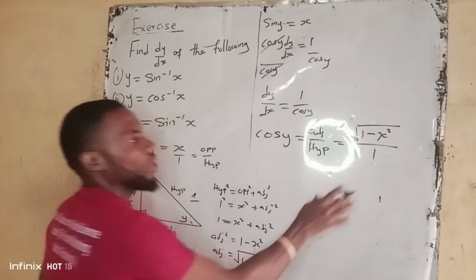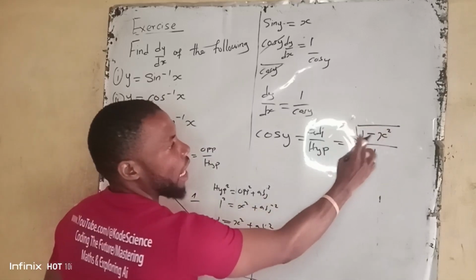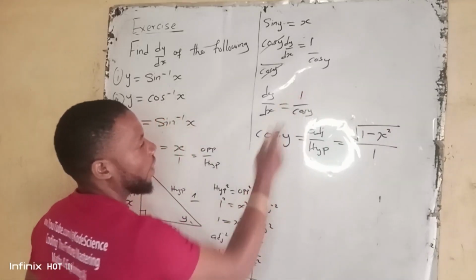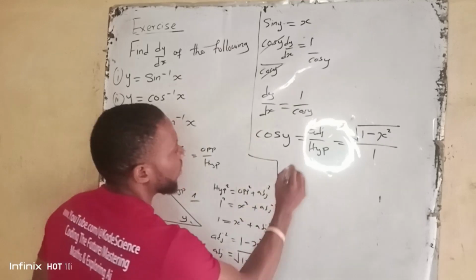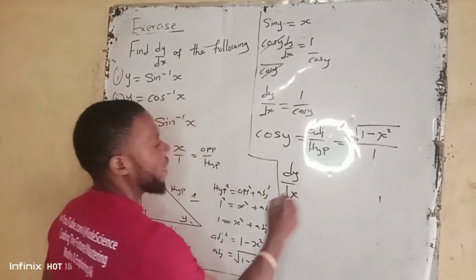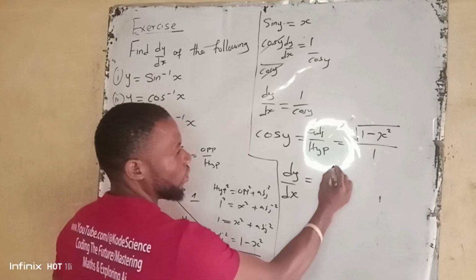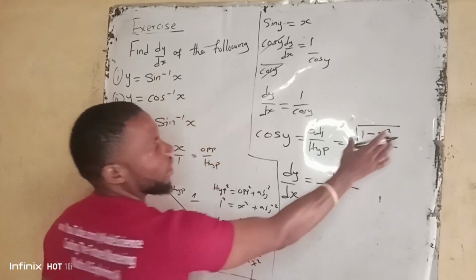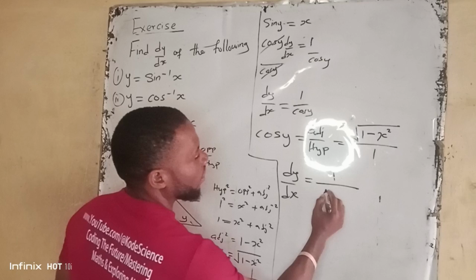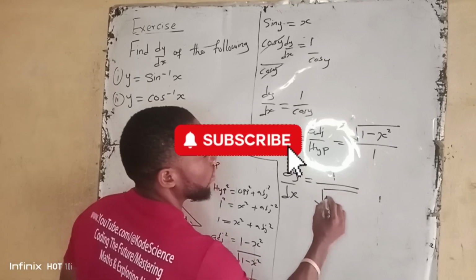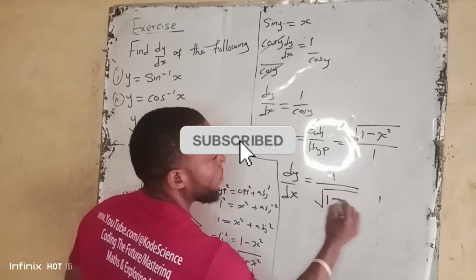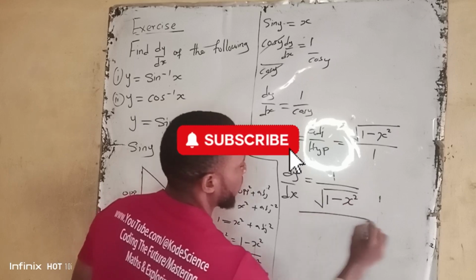So when we divide this, we get the root of 1 minus x squared. So let's plug it in here. dy over dx is therefore 1 over the root of 1 minus x squared.